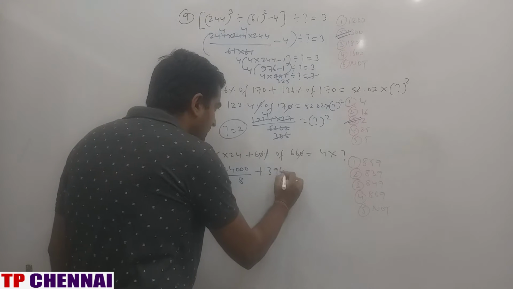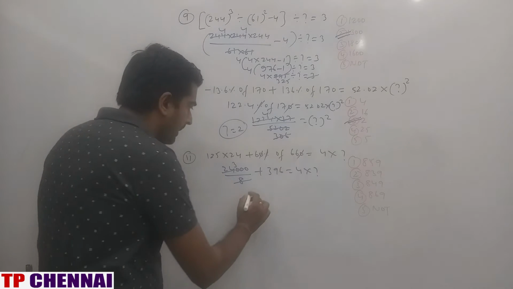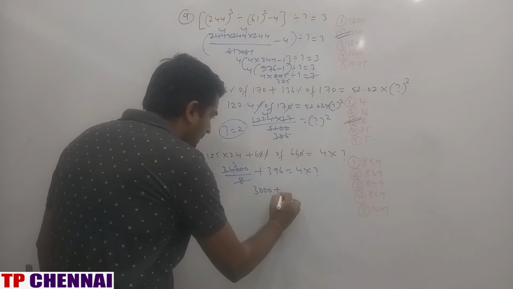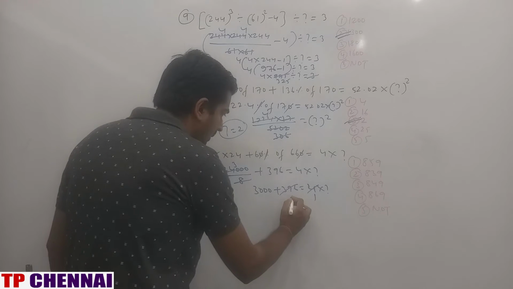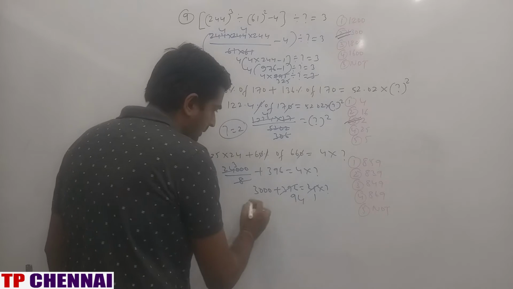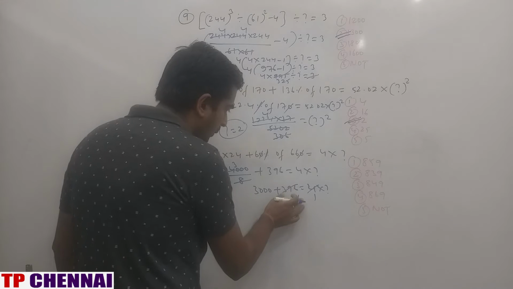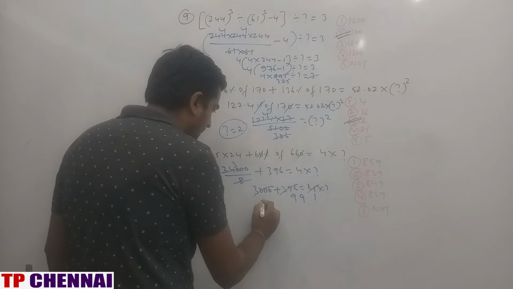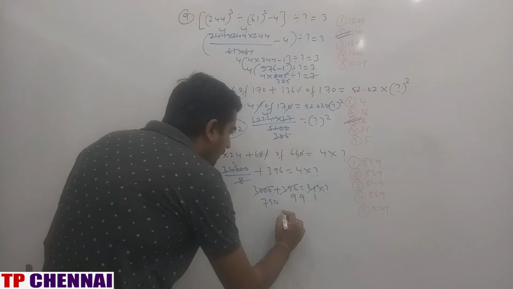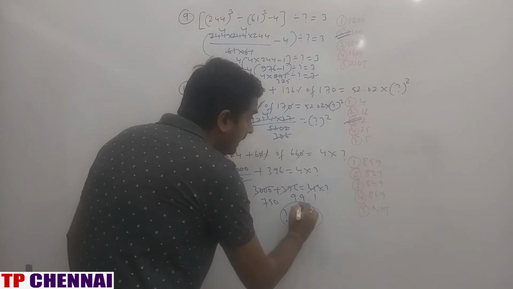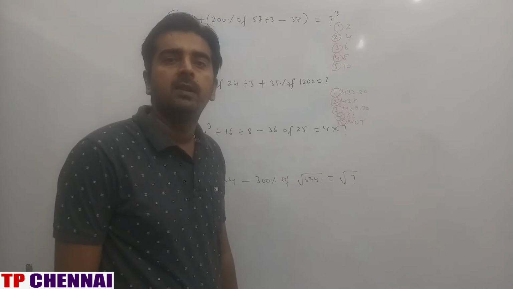This is 396 is equal to 4 into question mark. 8 3s are 3000 plus 396 is equal to 4 into question mark. 4 1s are 4 9s are 36, 4 4s are 4 9s are 36, then again 4 9s are 36. This is 4 7s are 28, 4 750 plus 99, which is 849, and 849 is there, which is nothing but third option. So I hope you are clear with previous simplification question.